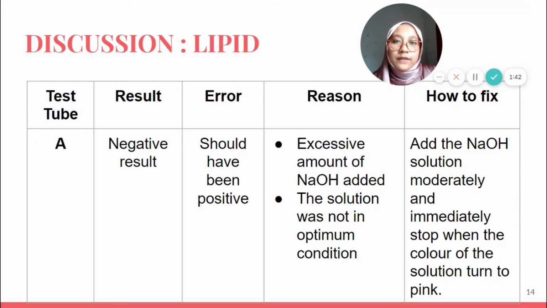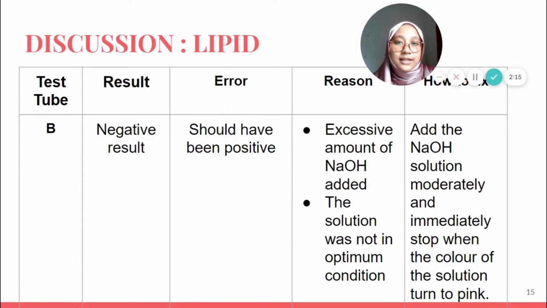We have figured out the reason behind this error is that an excessive amount of sodium hydroxide was added into the solution. It causes the solution to not be in optimum condition, which is in a high alkaline state instead of pH 8. To fix this error, we have to add the sodium hydroxide moderately and immediately stop when the color of the solution turns pink.